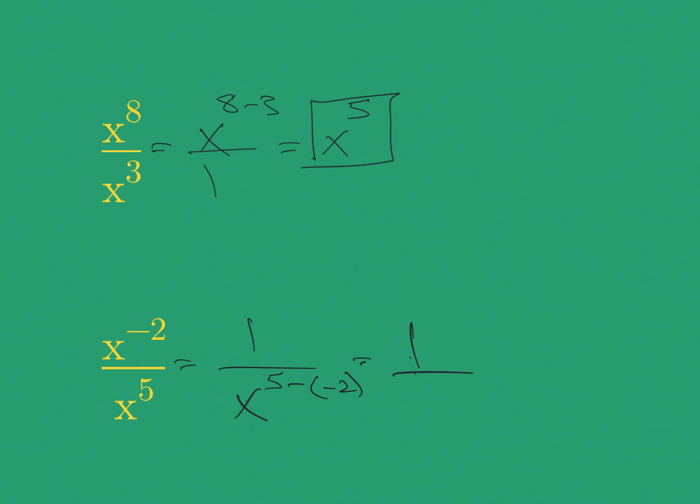Well, minus a negative becomes a positive, so really that becomes 5 plus 2, which is positive 7. And again, hopefully, if we are truly subtracting the large exponent minus the smaller exponent, we should end up with a positive result. So there it is. Final answer, simplified, 1 over x to the 7th.